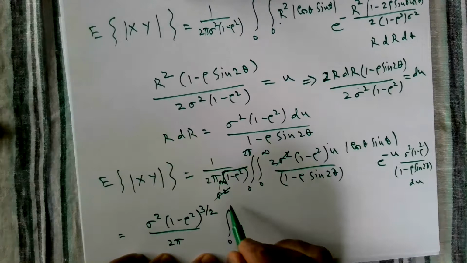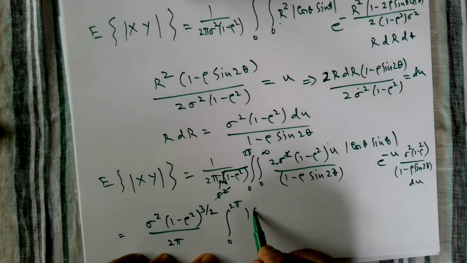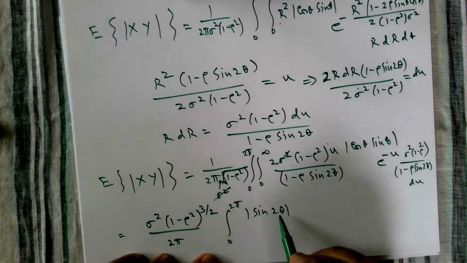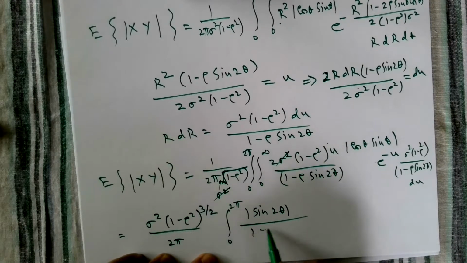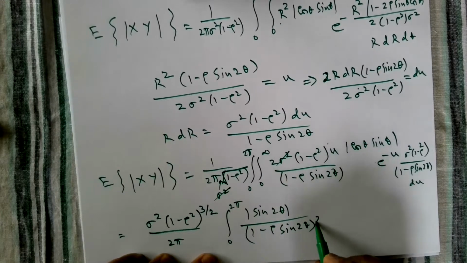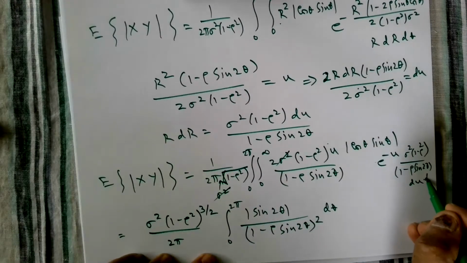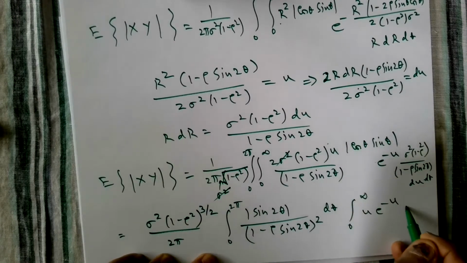Here 0 to 2 pi. If you want, you can write sine 2 theta, because 2 sine theta cos theta in absolute value, divided by 1 minus rho sine 2 theta, the whole squared, d theta, multiplied by the integral from 0 to infinity of u e raised to minus u du.